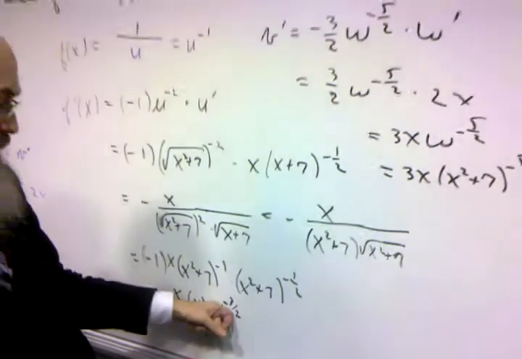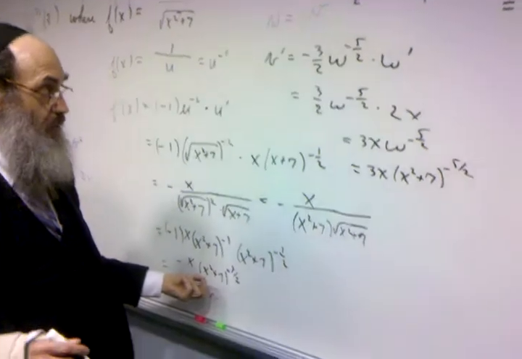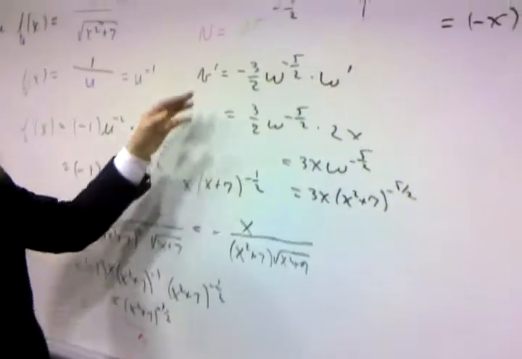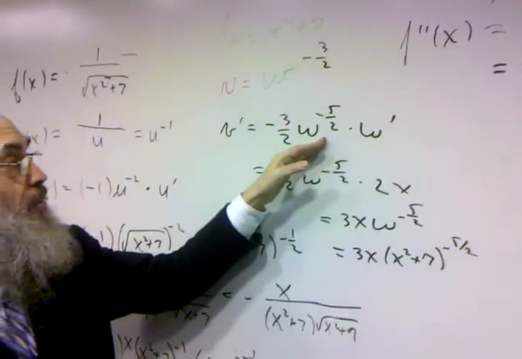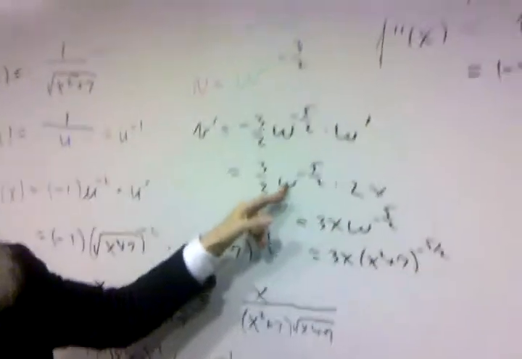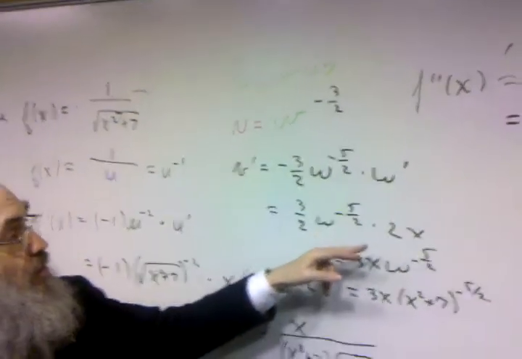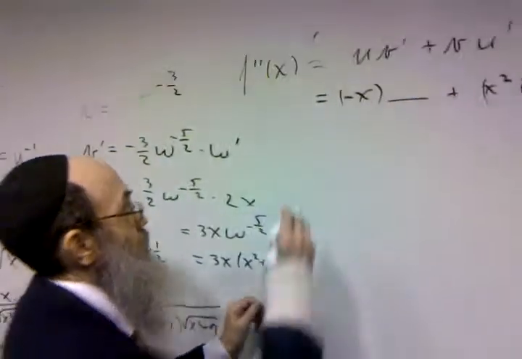Often something in parentheses should be given another letter or another name. We took the derivative, minus 3 halves, w to the minus 5 halves times w prime. We substituted in w as x squared plus 7. We found w prime was 2x. We simplified, we got this. This is v prime. I'll put it in here.